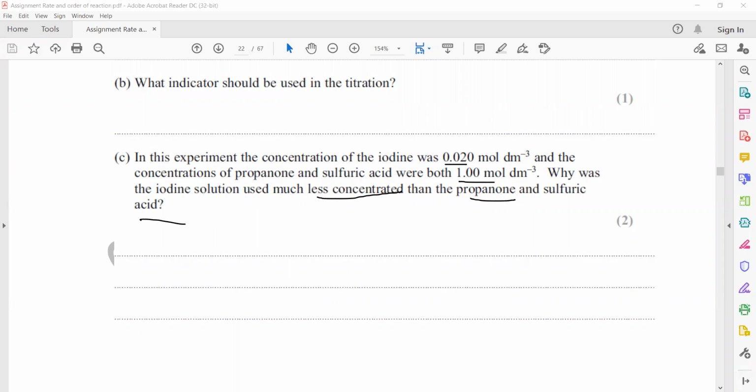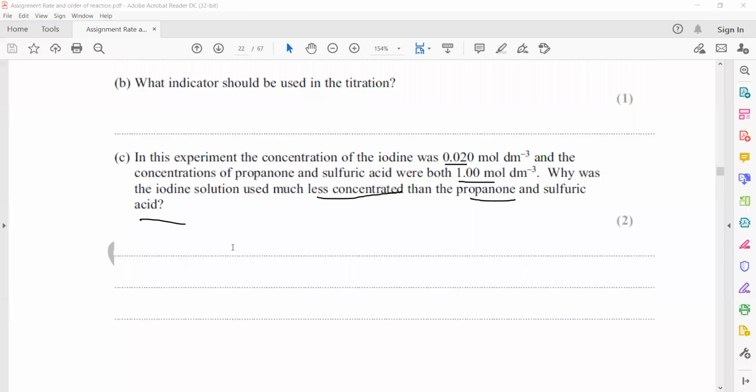Their concentration does not change, because we are finding the effect of change in concentration of iodine on the rate of reaction. So we can say propanol concentration and acid concentration are virtually constant. Therefore the rate would only depend on the change in concentration of iodine.